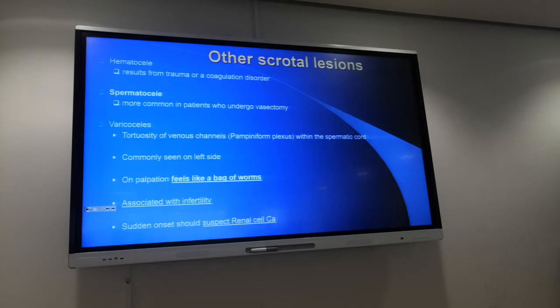But what I wanted to say is that it does make sense, doesn't it? Think about it as a column of water, right, on the right versus on the left. In the case of a left kidney tumor, it's going to be much easier to flow on the right and much harder to flow on the left.